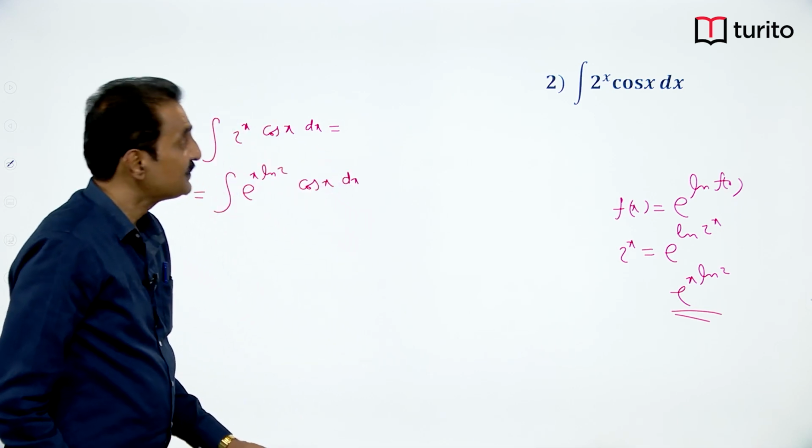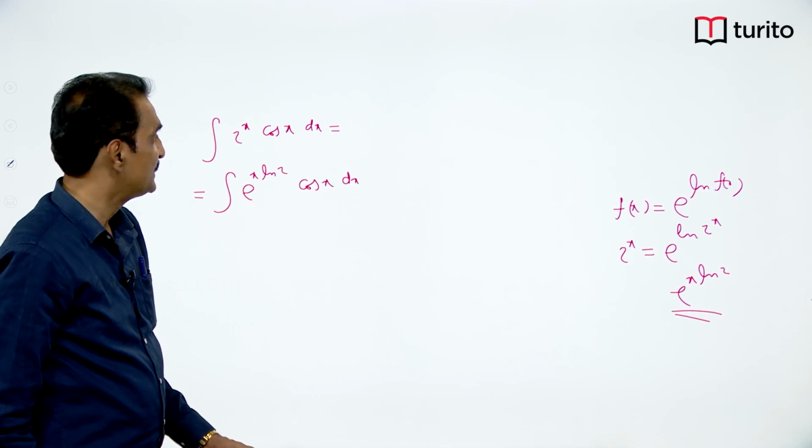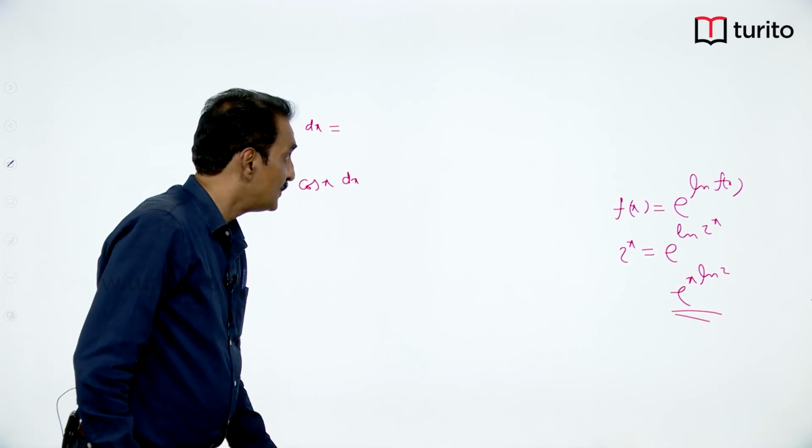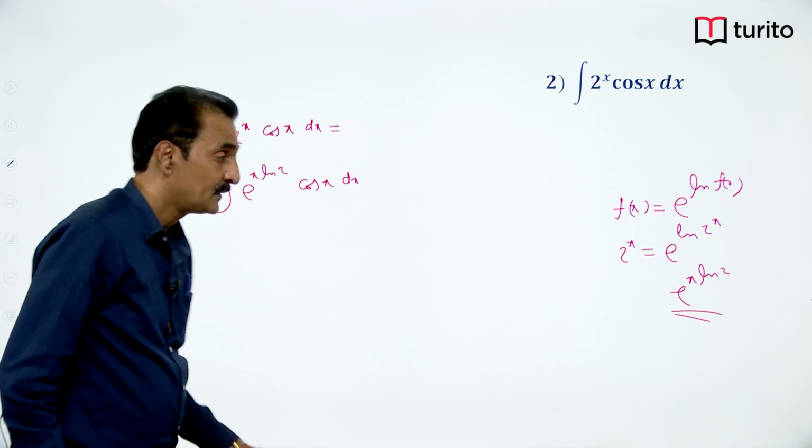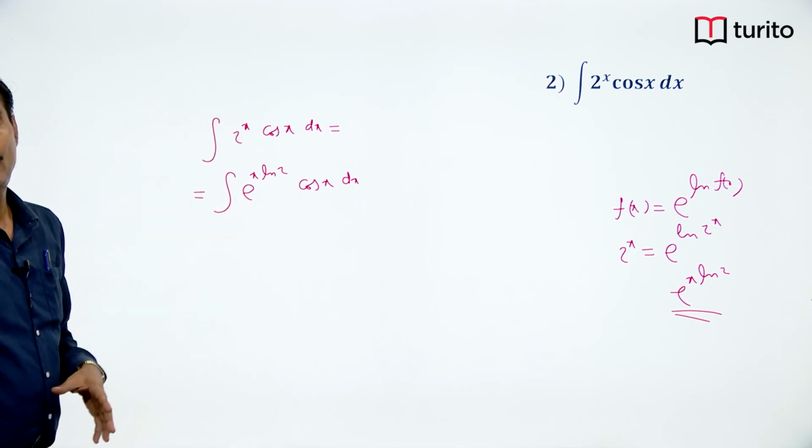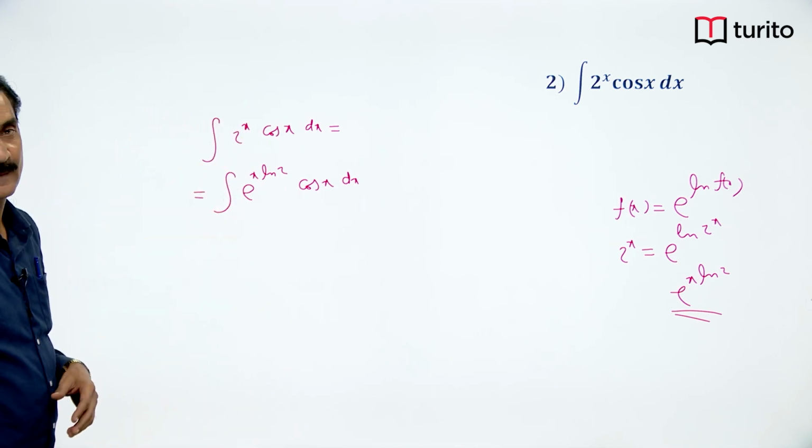The previous one was cos, this is also cos. Now, it is in the form of e^(ax) into cos(bx+c).